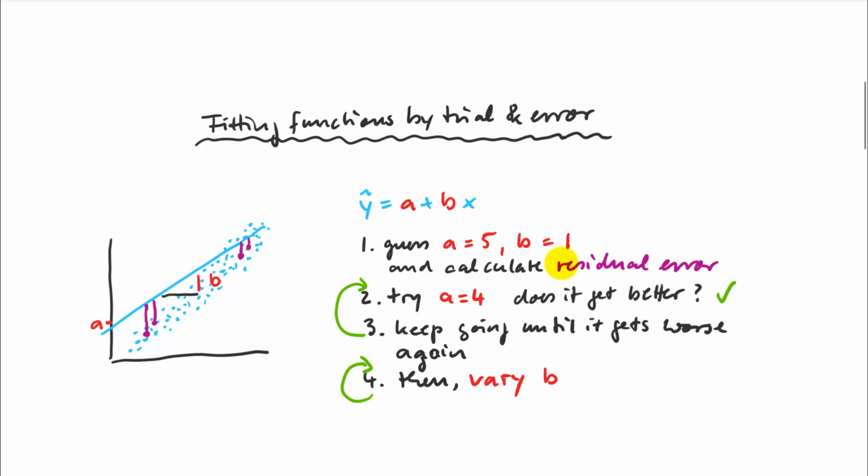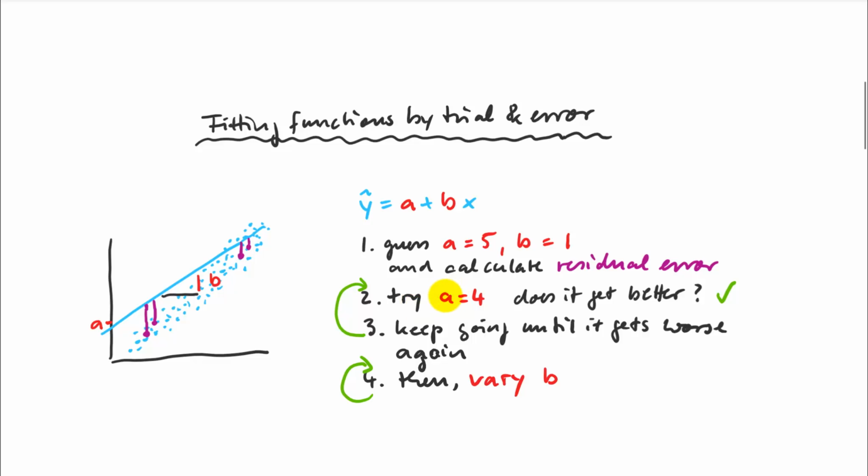I indicated this with purple. And what I find, if my guess is not particularly good, is that my residuals would be quite large, right? I get quite large residual errors here because my line just does not go through that point cloud. Then what the computer does is vary the values for a and for b.